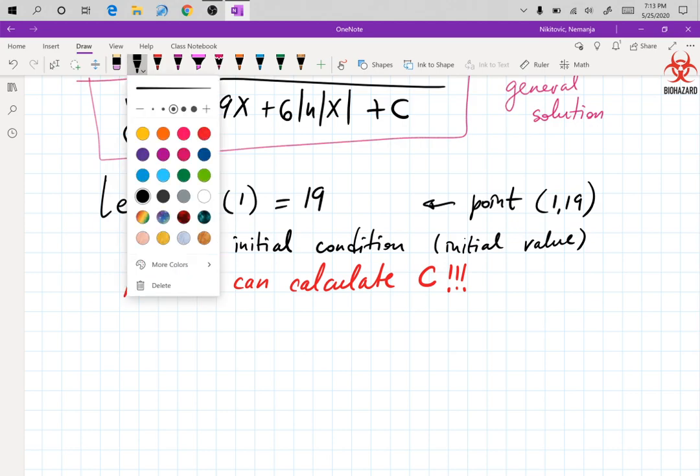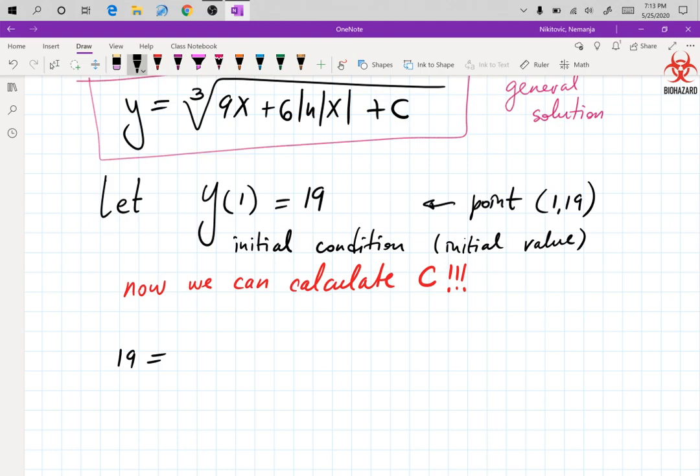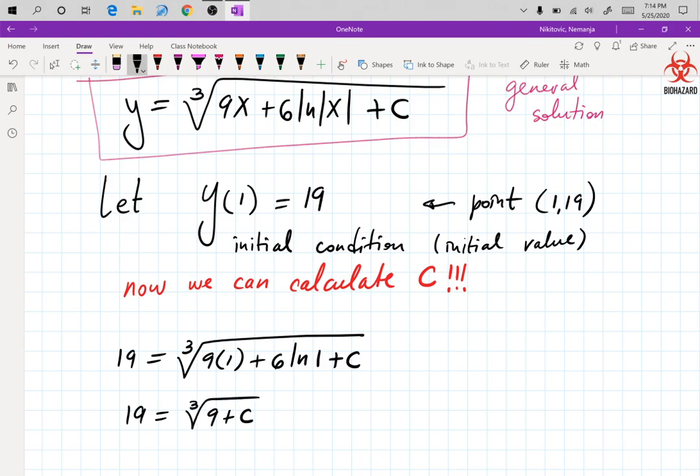So let's go with 19 equals cube root of 9 times 1 plus 6 times ln of 1 plus C. As you can see, C is the only unknown value in this expression, and you can calculate the value of C. ln of 1 is 0, so this now is 19 equals cube root of 9 plus C. And we cube both sides. So it's 19 cubed.